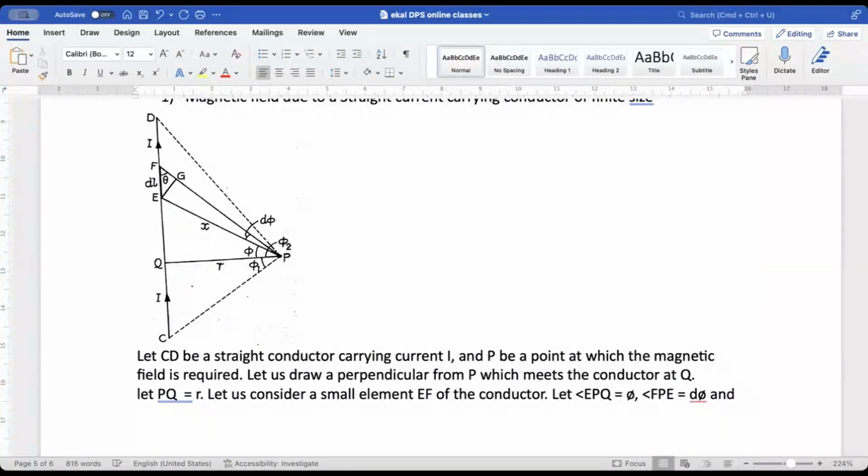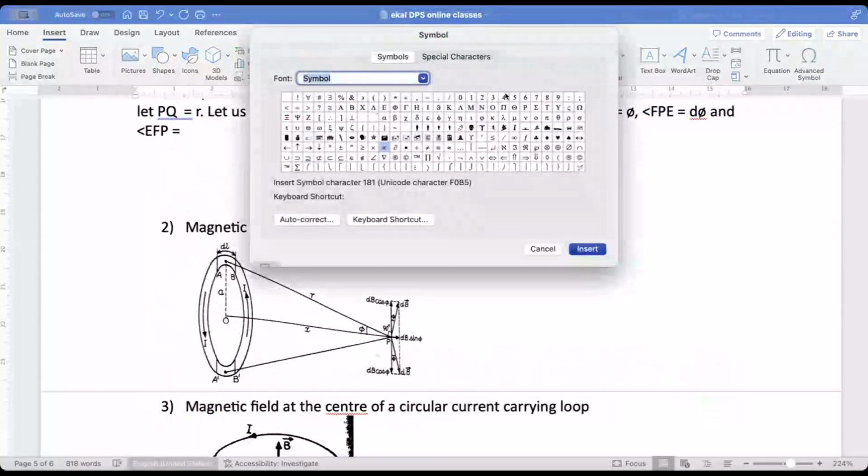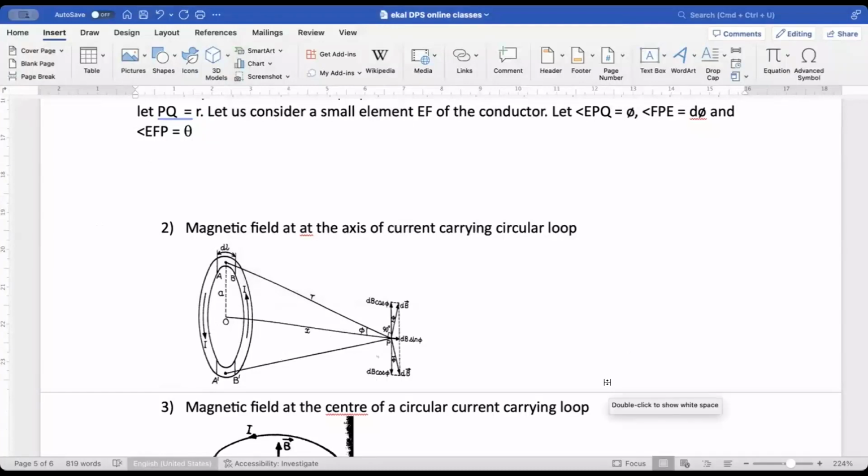and angle QEP. So this is QEP. First we'll write angle EFP equals theta. This equals theta, right?